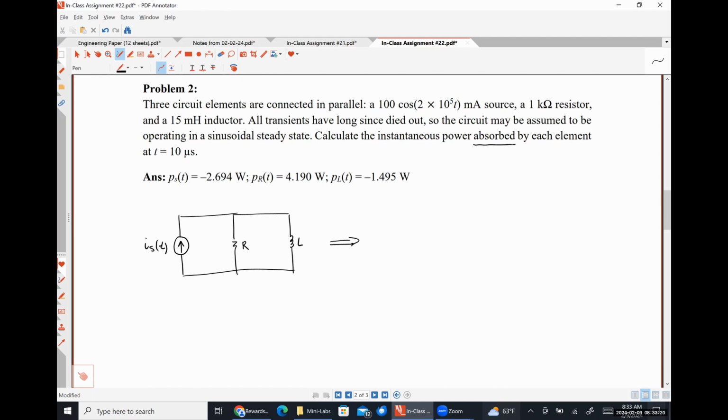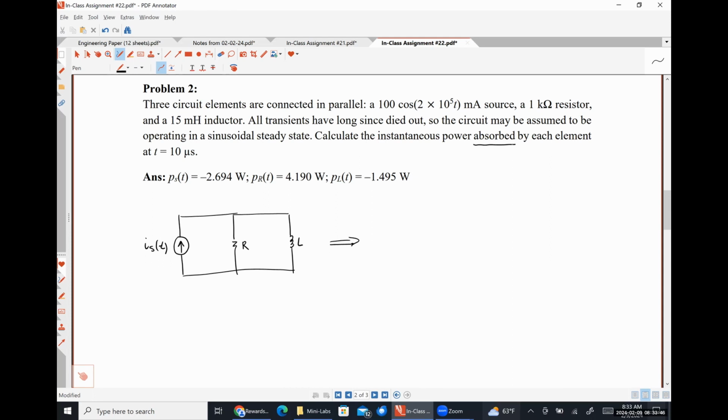Just normal power stuff, okay? If I were trying to find the instantaneous power absorbed by the resistor, I would need either the voltage drop across the resistor or the current flowing through the resistor, or both. For the inductor, I would need the voltage drop, the current, or both.